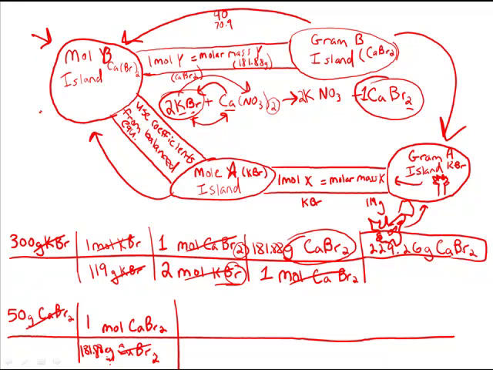We need to get from there to mole A island, which means we have to do a mole ratio. We'll have moles of calcium bromide on the bottom. That's a 2. And then we're going from moles of that into our moles of KBr.